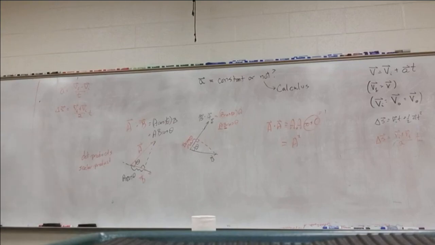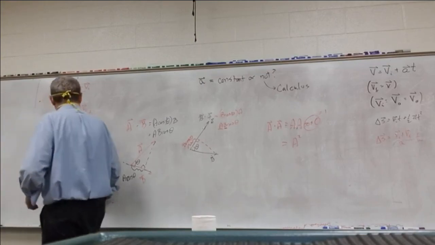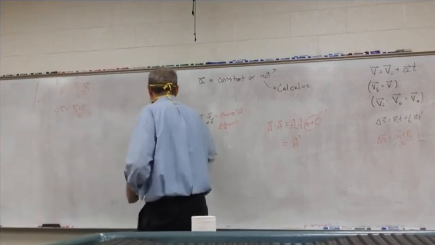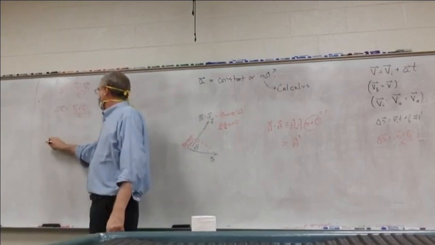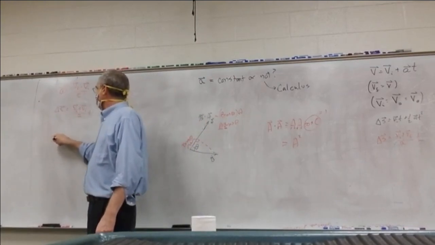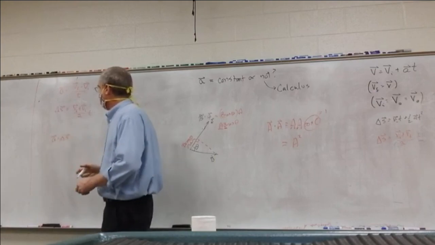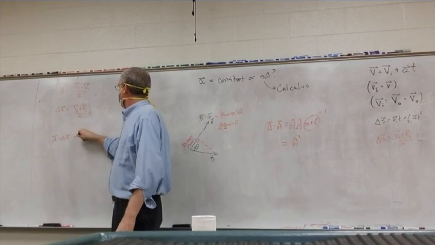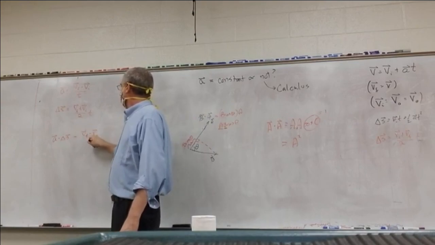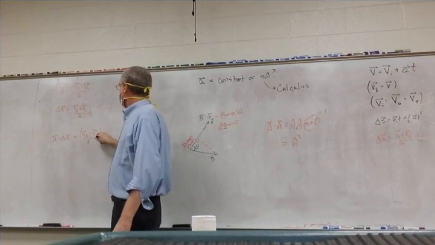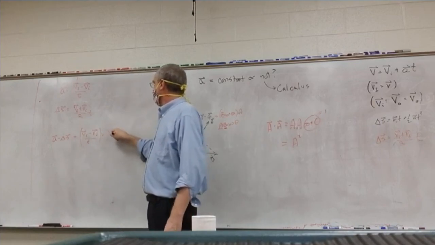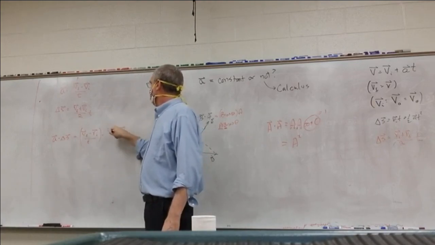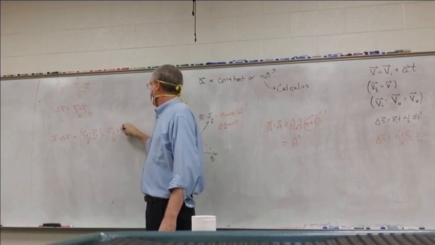And I'm going to multiply the left sides together and multiply the right sides. Since they're vectors, when I'm multiplying, I have to determine which kind of multiplication I want, and I want dot products. So on the left-hand side, I have A dot delta S. On the right-hand side, I have VF minus VI over time, dot product, VF plus VI over 2 times time.